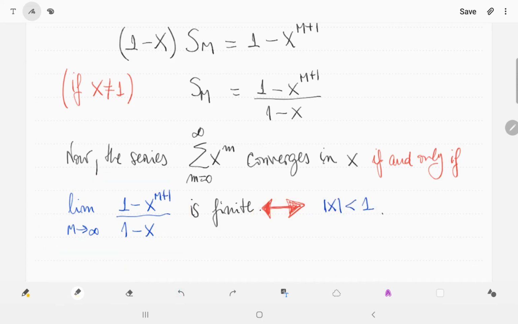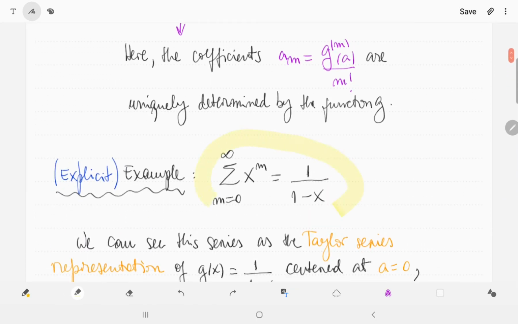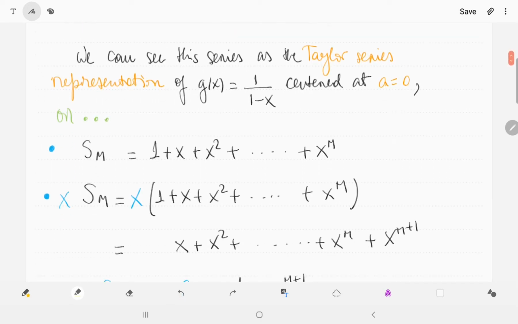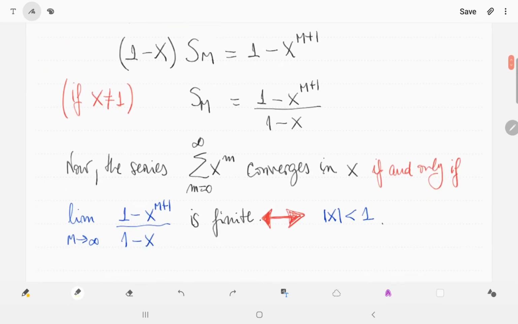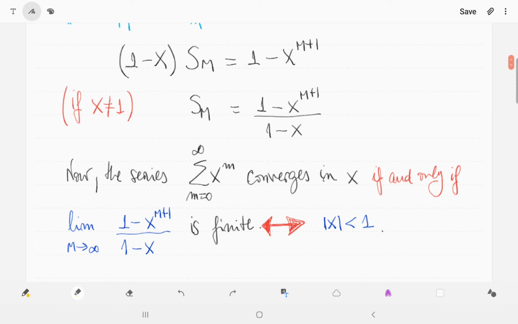Okay, so I think this is a nice example that can be seen as a Taylor series representation, but also we have this, let's say, by hand calculation that is also good to know. And if you remember, when we were talking about power series, we are interested in the points that make this series finite.